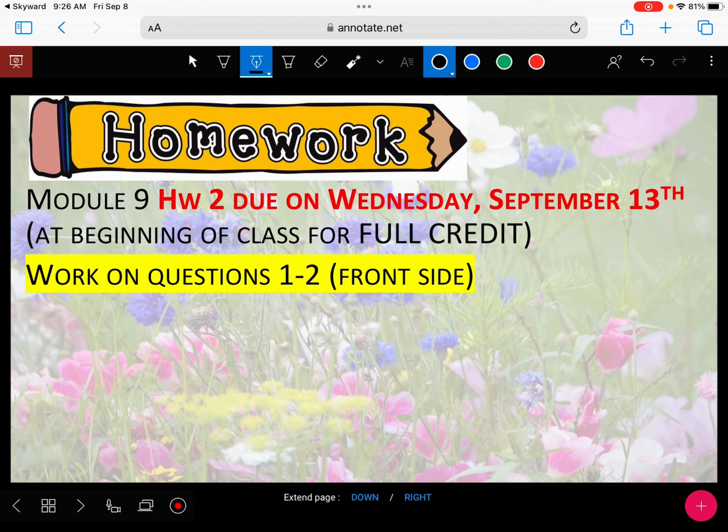And for the rest of the class, I want you to either finish up homework 1, get your points so you can get your stamp if you haven't got your stamp, or start working on homework 2 on the front side of homework 2. That is what we're doing right now. So pick one. We'll talk about how to do the back tomorrow. I mean, not tomorrow, Monday. We'll talk about that Monday.